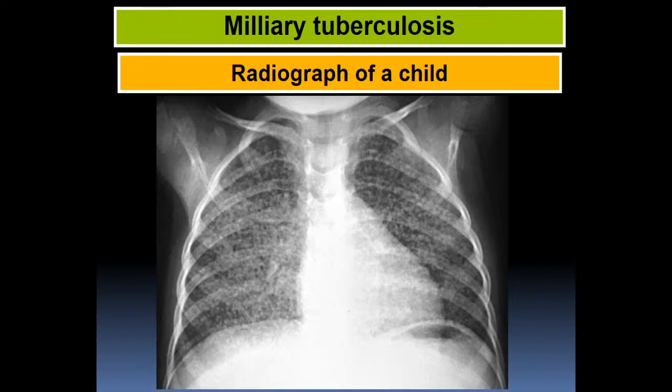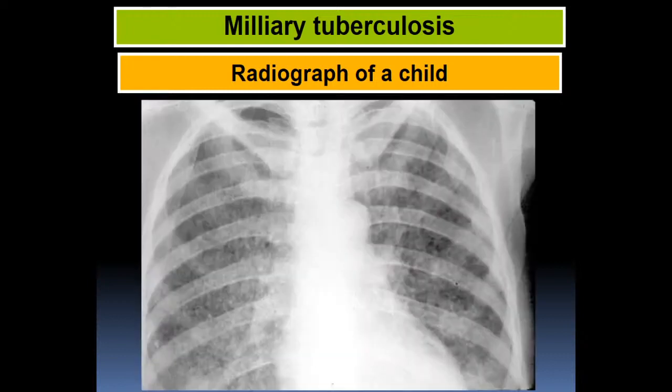Third sign, localization is symmetrical, and fourth, localization is uniform. On this X-ray, you can see miliary tuberculosis also with symmetrically uniform localization, and shadows small in size and the same intensity.